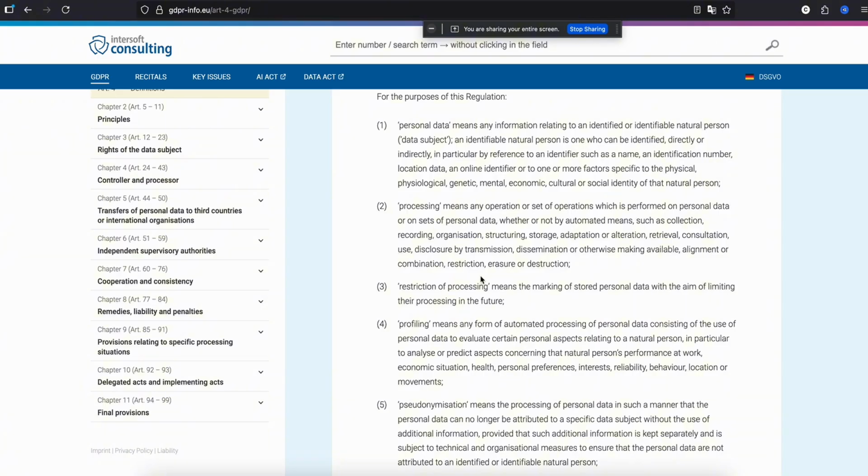If the controller is sending this data to some other organization, like the example you just gave me, then the other company is the processor. Very simple. Whoever is processing is the processor. It can also be said that a controller and processor can be the same person, the same entity, or a different entity based on their operation.